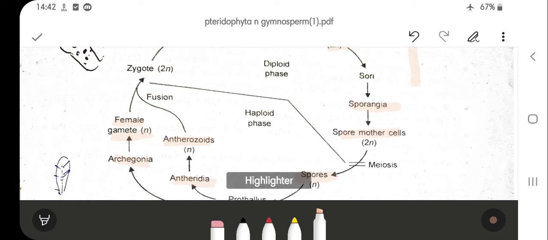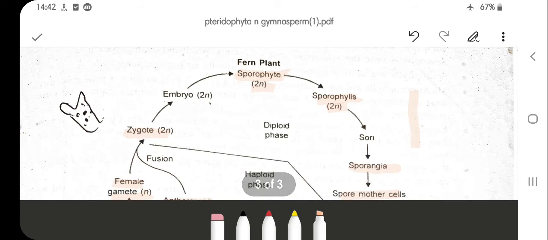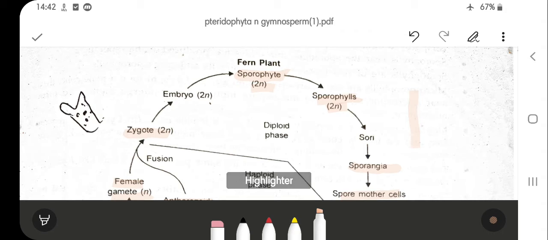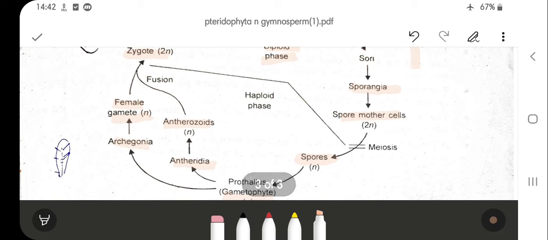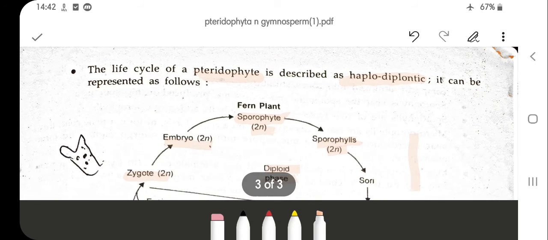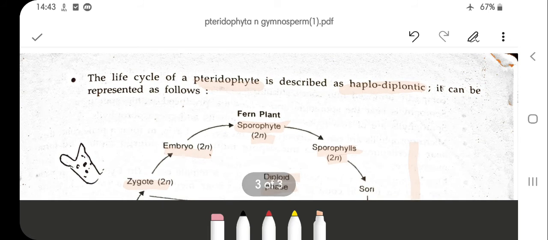After fertilization, they fuse to form the zygote, which is again 2n. It undergoes embryogenesis, again 2n, and then forms the independent mature plant, the sporophyte, 2n. This is your diploid phase, and this is your haploid phase, giving the haplodiplontic life cycle of pteridophytes.